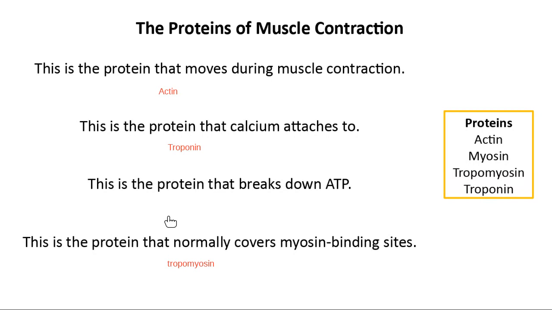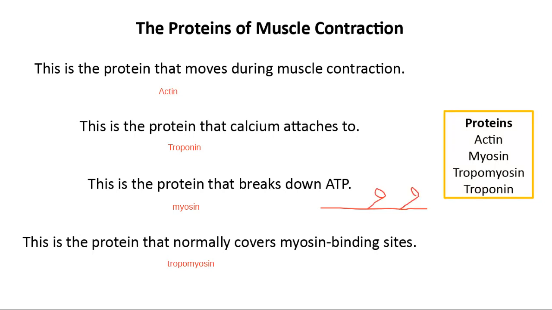By process of elimination, we can see that myosin is the protein that actually breaks down ATP. I chatted with one of my groups about this, and I'll draw a quick sketch for us here. Remember that when we talked about the myosin protein, it had those little golf club heads on it, right?